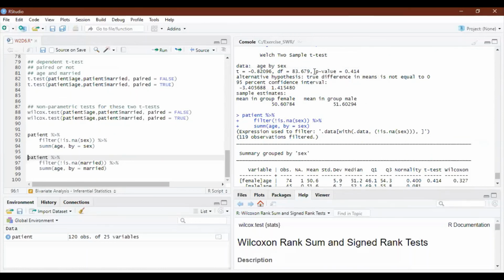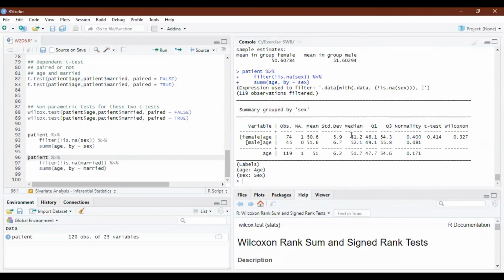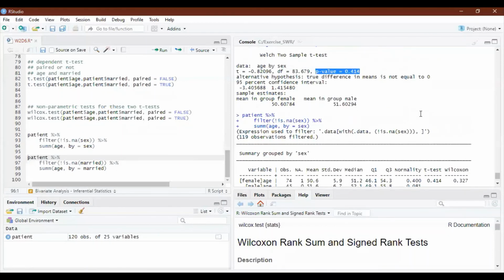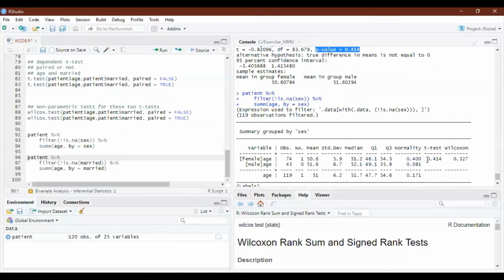I got it. So the sum function from Amstat gives the t-test with different variances. So it did the Welch test. It didn't assume equal variances.